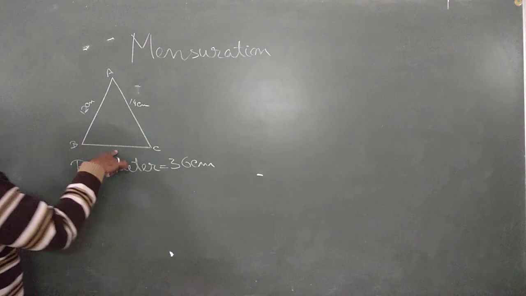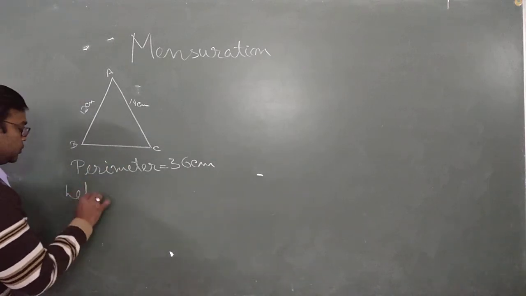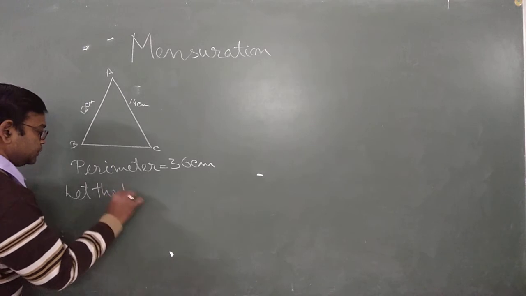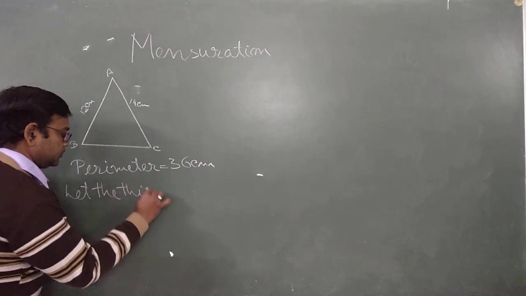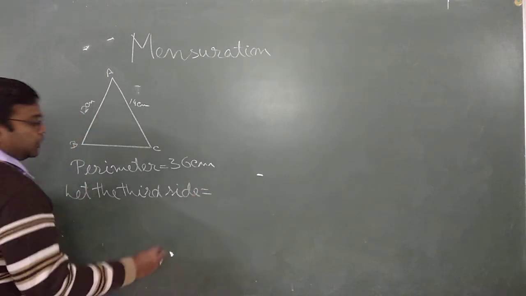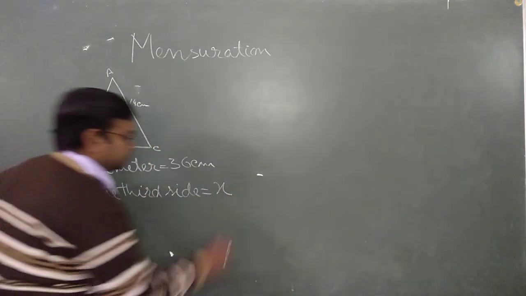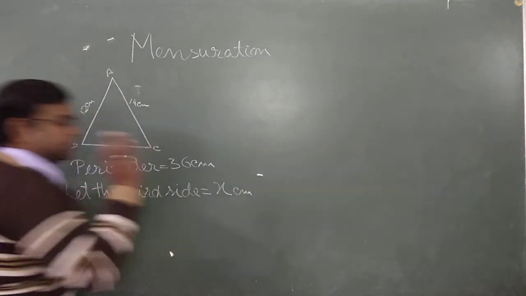Suppose this unknown side is your C. So you have to assume that let the third side equal x centimeter. We just discussed algebra, so it is a variable, that is the unknown one.